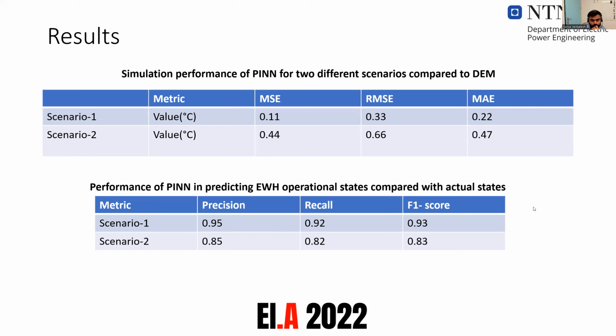So the results indicate that it is possible to replace the differential equation model, which is computationally expensive, with a physics-inspired neural network model, which is computationally cheaper and has the same performance. So that is the goal, to get a model which is computationally efficient and also accurate.